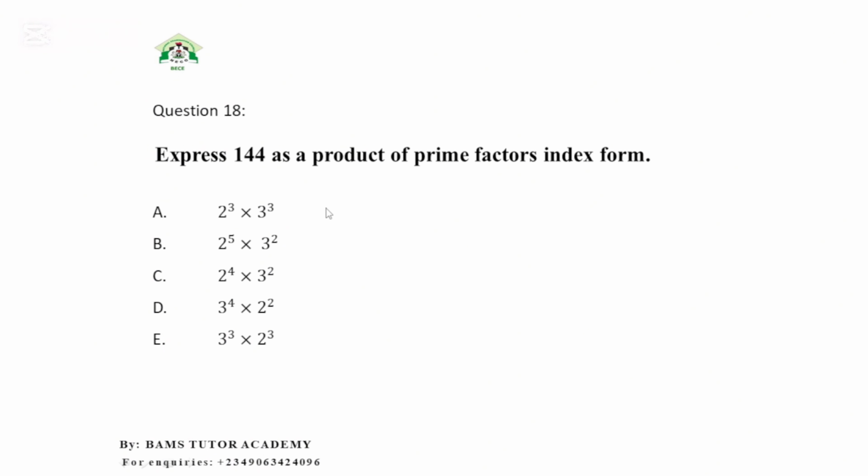Express 144 as a product of primes in index form. When we mean product of primes, we have to break this down. 144 is 12 times 12, right? So what is 12? 4 times 3. What's 4? 2 times 2. Then the 3 there before.